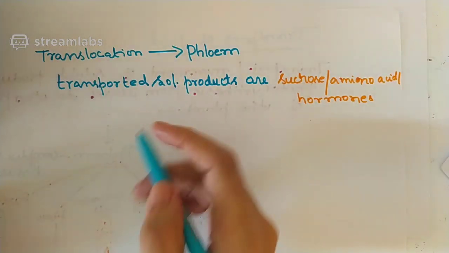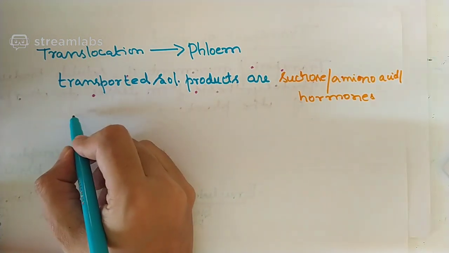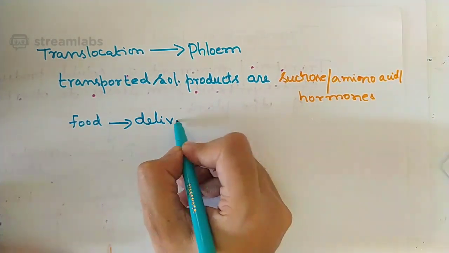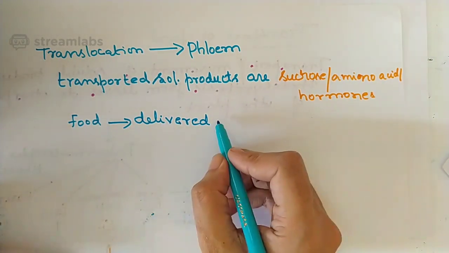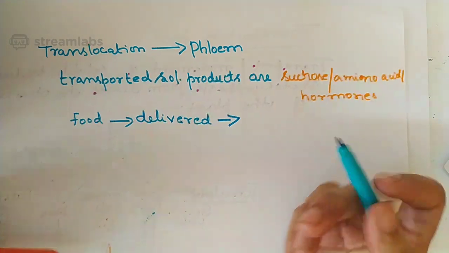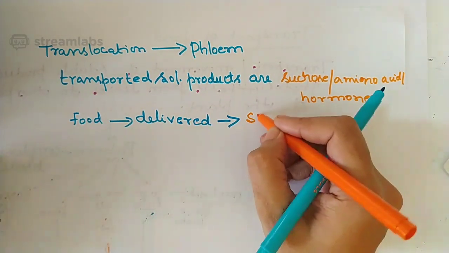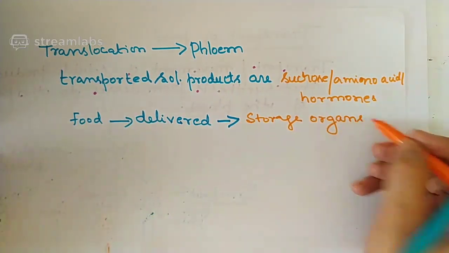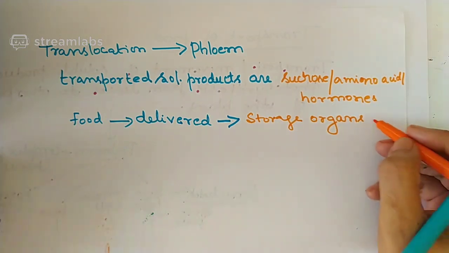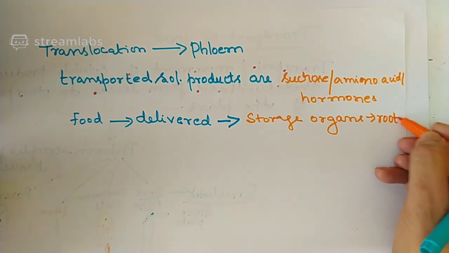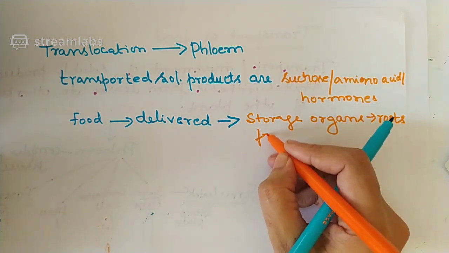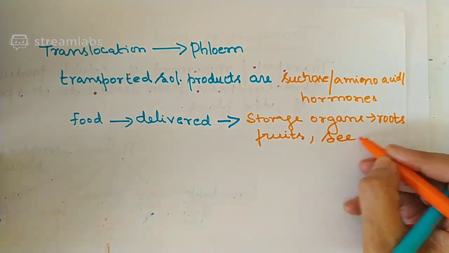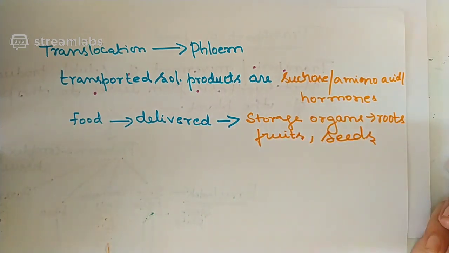Now, where are these soluble products or food delivered to? The food is delivered to storage organs. The storage organ roots, the fruits, and the seeds are all storage organs.